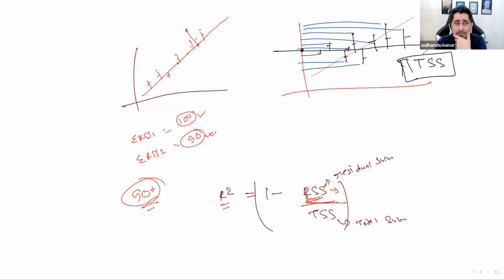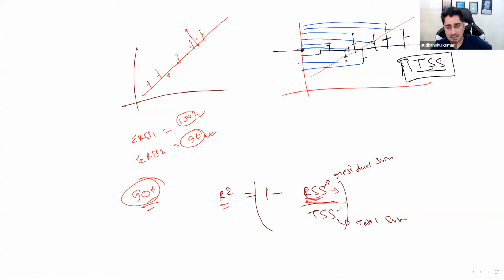Can I make this statement? RSS is trying to attain a minimum value, right? TSS is basically a maximum value, or maximum distances you will be able to find out between any data and any kind of a plane. So this TSS is nothing but just a distance between the original data and your average line that we have.